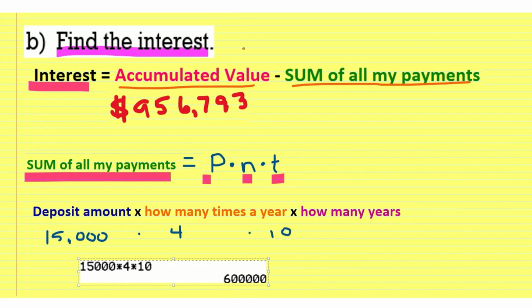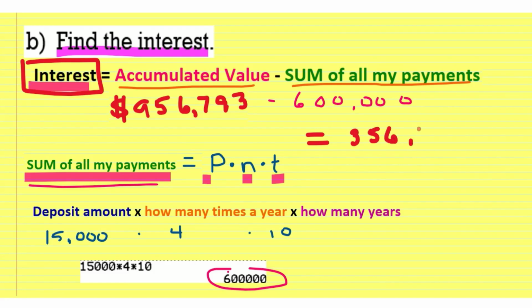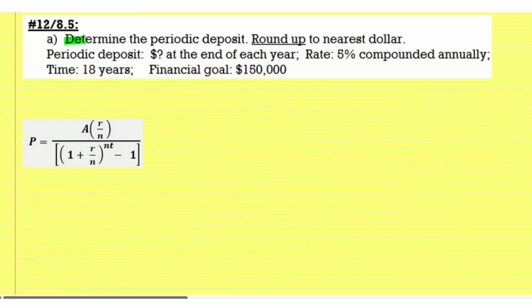So I can take the 600,000, which is the sum of all my payments, and subtract that from my accumulated value. That gives me total interest that accumulated on the scholarship fund over the 10 years of $356,793.